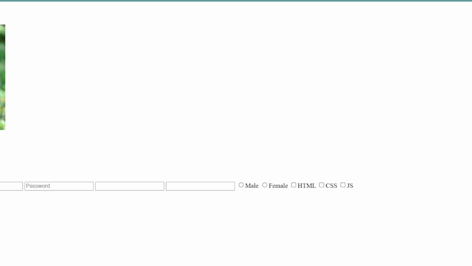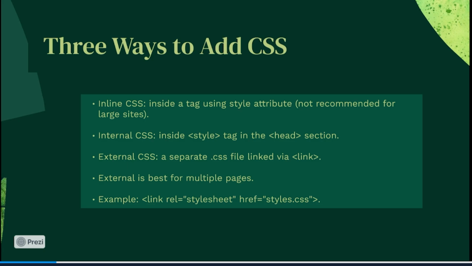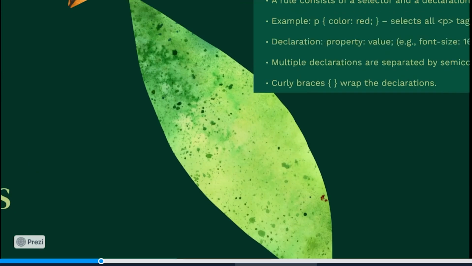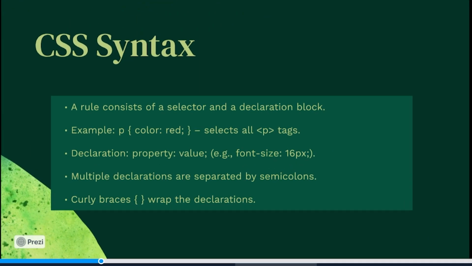Now the next slide. Okay, next one is CSS syntax. CSS has a set of rules, because every CSS rule has three parts. The first one is the selector. With a selector, if you need to change any particular part, you can select that particular part.